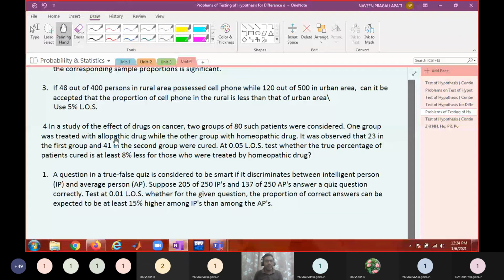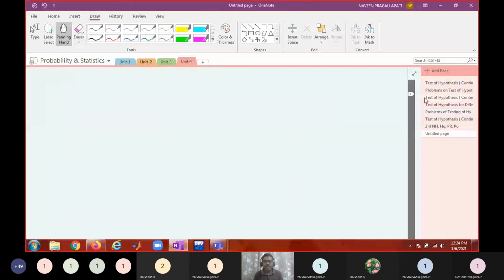So how do we do this problem? Null hypothesis H naught. And the alternate hypothesis. The observed samples also show that homeopathy is better, right? So we have to observe whether the differences are significant or not.